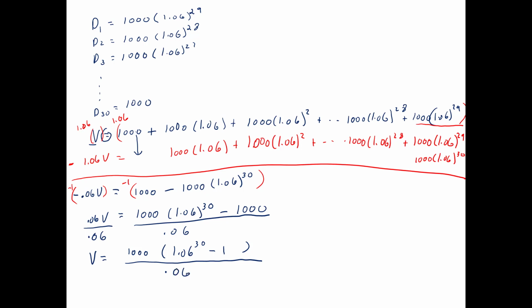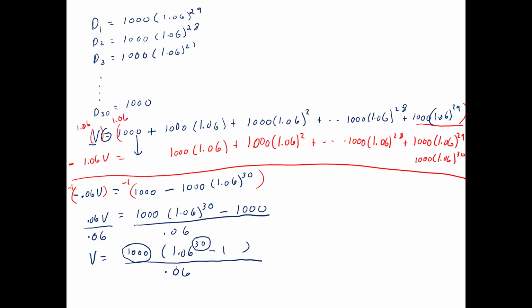And now if we compare this to our original problem, we can see where everything came from. This 1,000, that was how much we were depositing each time. Each time we were depositing $1,000. The 30 came from the fact that we made 30 deposits, the number of deposits.